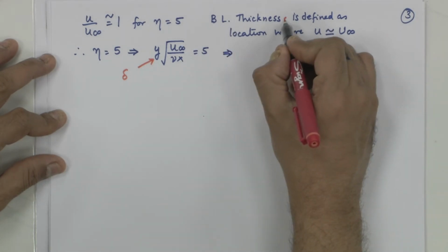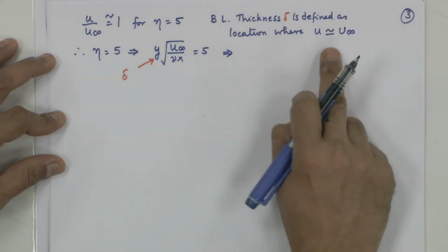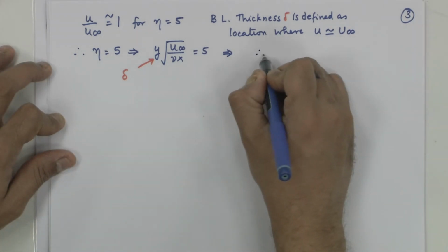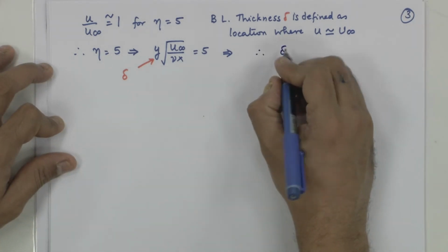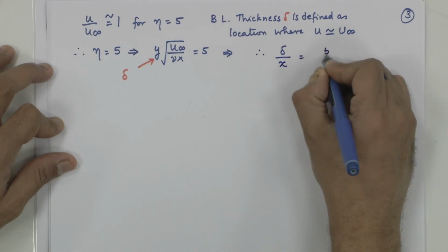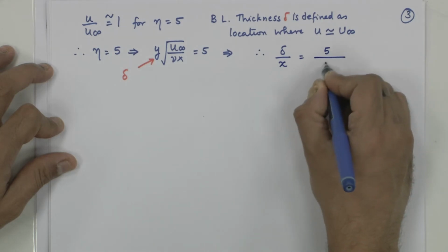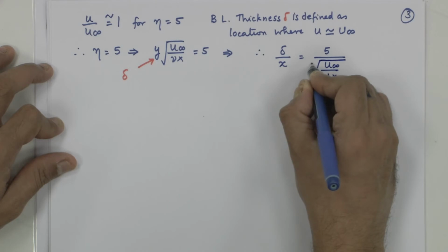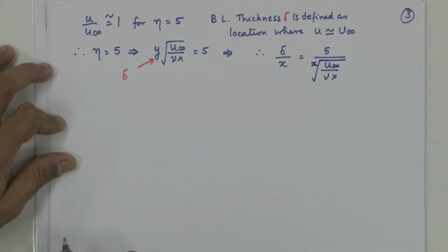Boundary layer thickness delta is defined as the location where u by u infinity is equal to 0.99. Therefore, delta, let me just divide by x, is equal to 5 divided by root of u infinity by nu x. I have divided by x here, so I divide this also by x.